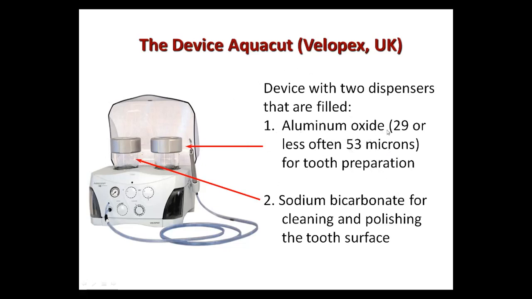First type is aluminum oxide with a particle size of 29 or less, often 53 microns, for tooth preparation, and the other one is sodium bicarbonate for cleaning and polishing the tooth surface. It's possible to prepare a caries cavity and also to clean in the procedure of hygiene of oral cavity using sodium bicarbonate powder.